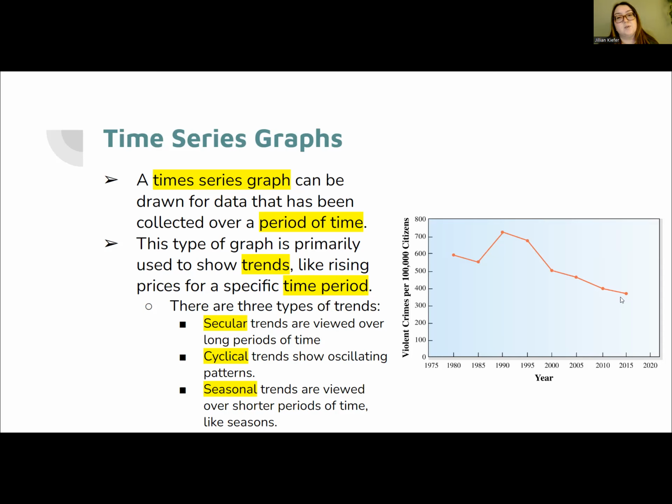It's just trends over shorter periods of time. So those are three different types of trends that we can see in the time series graph. Either way you look at it, typically you plot the amount versus its specific time and connect the dots. Then you have a very clear graph on whether things were increasing or decreasing over time.